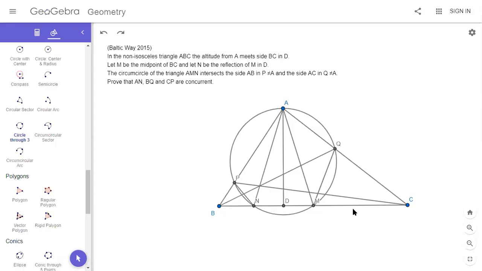So I think I have an algebraic way to show using power of a point that BPQC is cyclic. I actually think we have to use that algebra. Let me see quickly if there's an easier way to think about it.